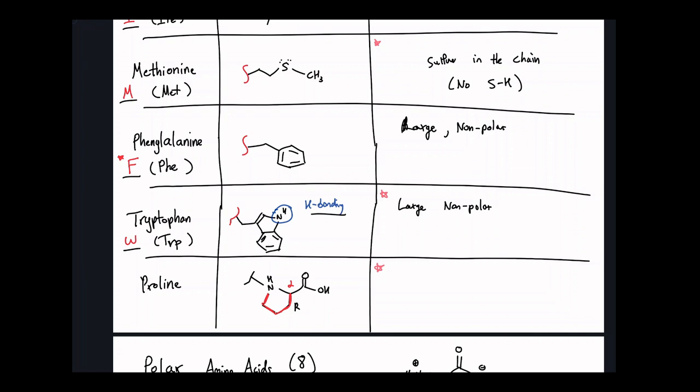It's a very different amino acid than usual. Keep in mind that usually things are only connected to the alpha carbon, where here it's actually connected to its amine as well. We consider it non-polar because it's got only carbon. But importantly, it's very rigid. And this will come up later when we talk about protein secondary structure.